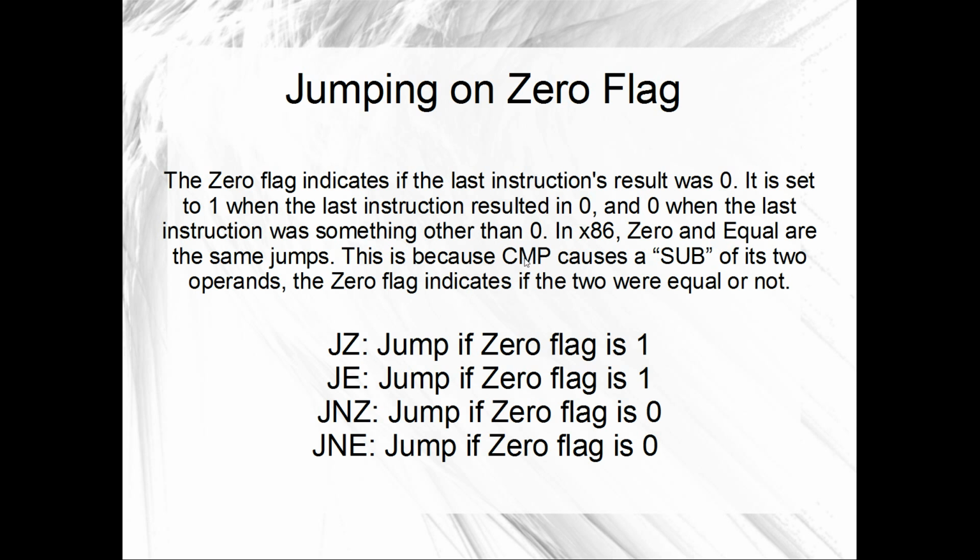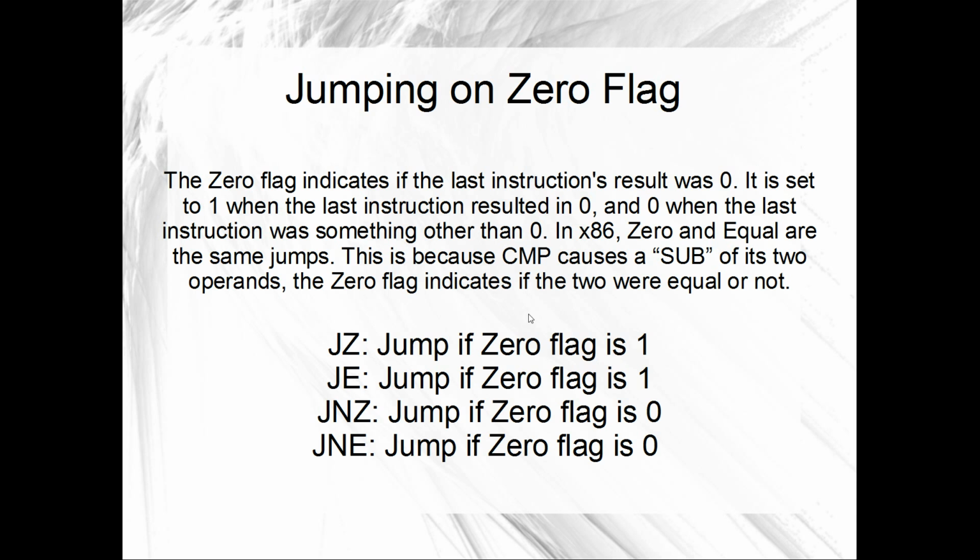Okay, but that also happens to mean that the two operands were exactly the same. So if RAX and RCX have exactly the same values, then when you subtract them, you'll get 0 as the result. And if you remember that the compare instruction actually causes a sub in the background, that's why jump on zero flag, which means jump if the zero flag is 1, is exactly the same instruction as jump if equal.